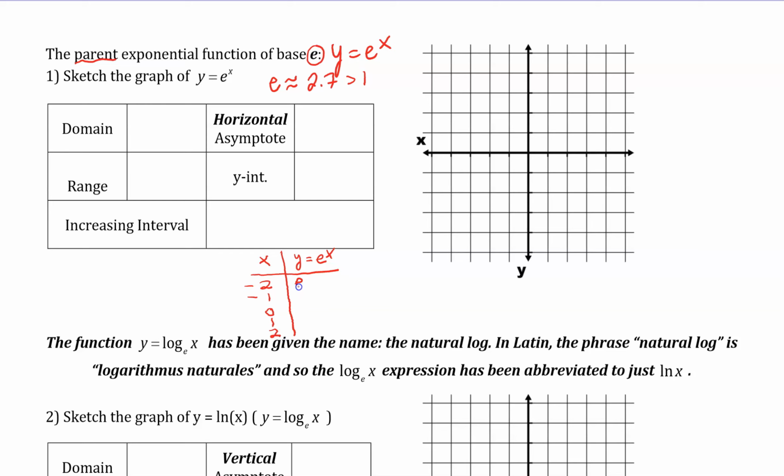So I'm going to have to evaluate e to the power of -2, e to the power of -1, e to the power of 0, e to the power of 1, and e to the power of 2. Now, just like any other base, when you raise it to a negative power, you're going to take the reciprocal and square it. So we're going to do 1 over e squared.